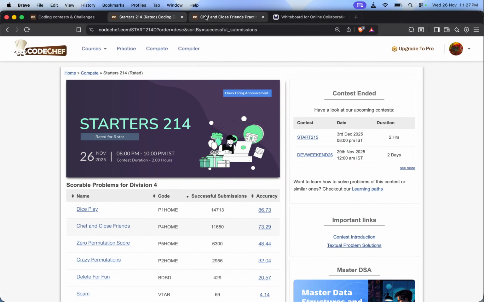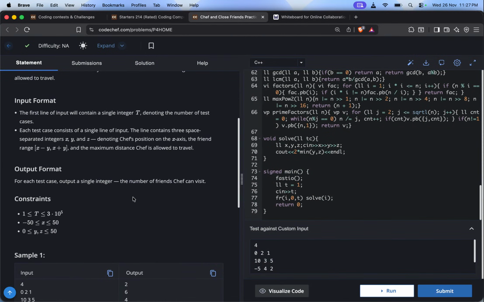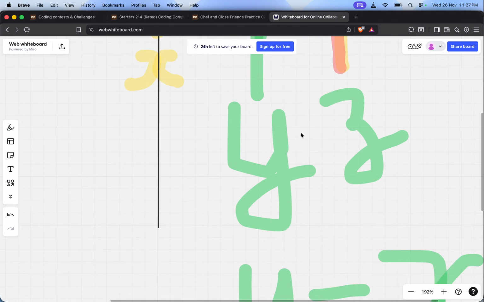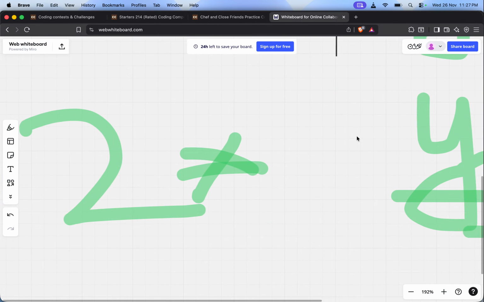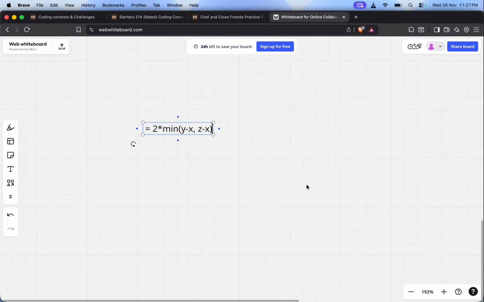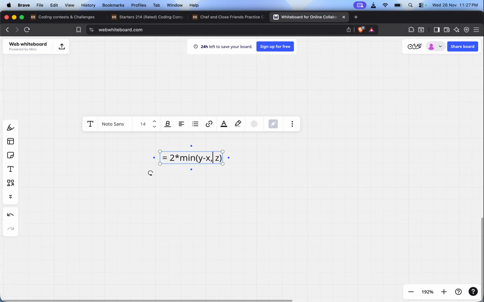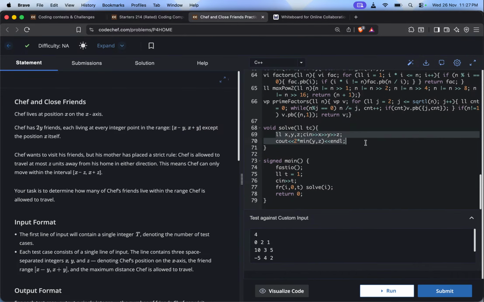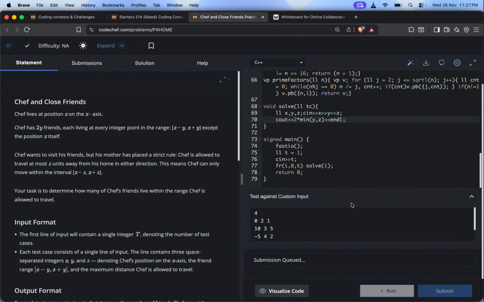But in our input, what is y given as? Y is given as the distance up till which Chef can travel. So y minus x is what we are given. So we need not compute the distance now. So the answer is 2 times the minimum of y comma z. Right. This is what we have printed and the solution is accepted.